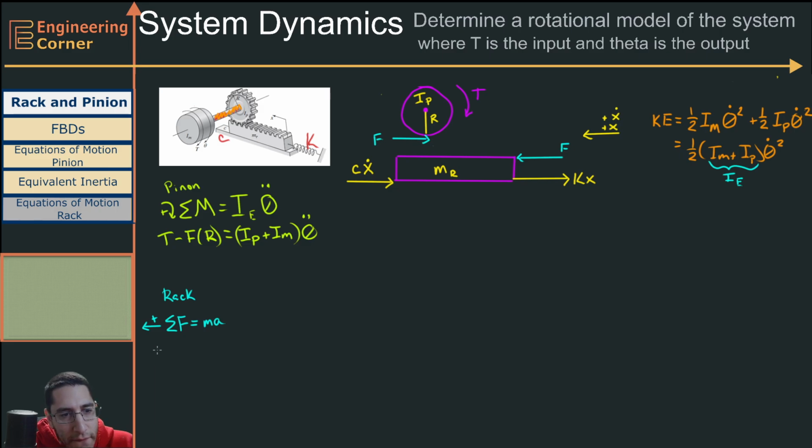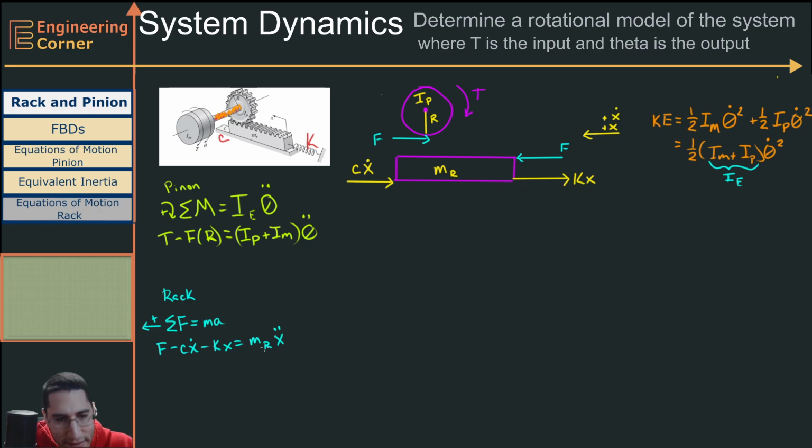My force minus c x dot, this force right here, minus k times x, this force right here, is equal to whatever my mass is, so m_r, times my acceleration. I'm going to write that as x double dot.